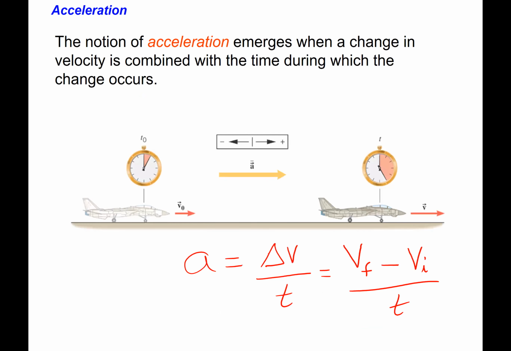So we look back at our definition of acceleration, change in velocity. That means we have meters per second divided by seconds. And the SI unit then becomes meters per second squared. That is the SI unit for acceleration.